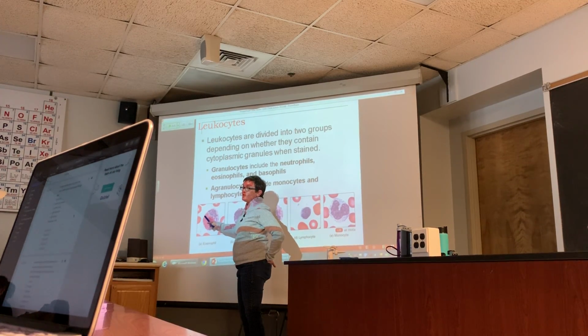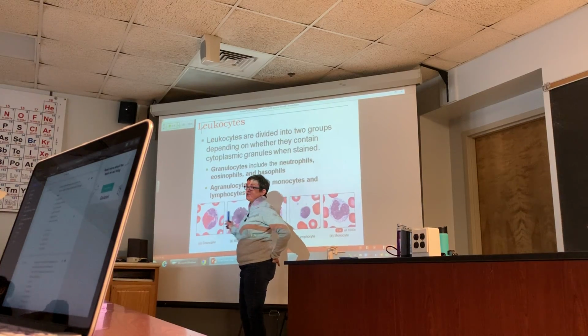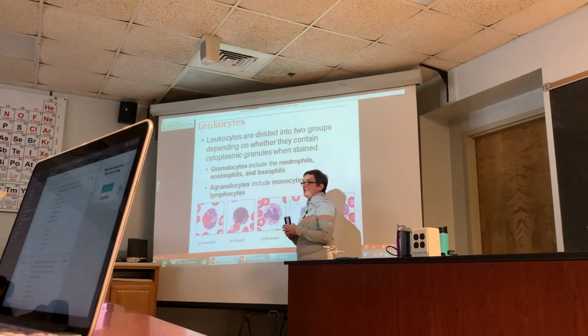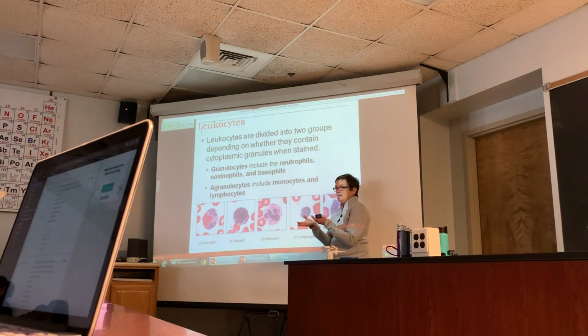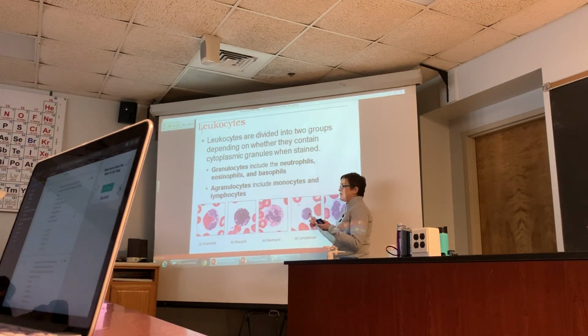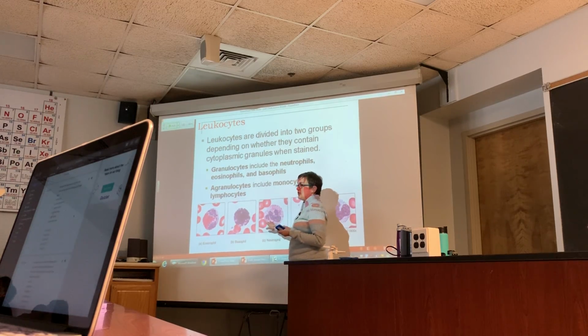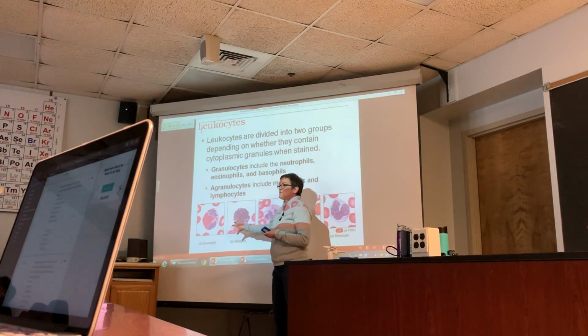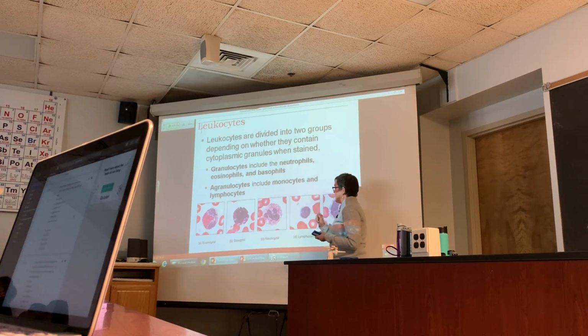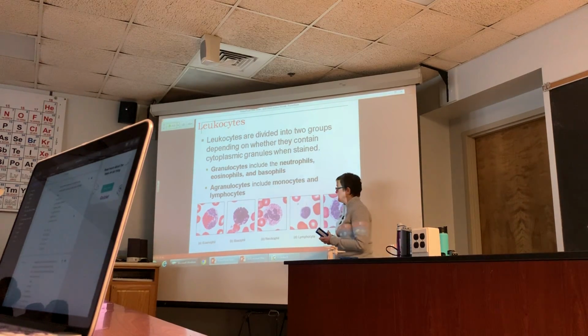In other words, these granules don't show up without a stain. But when you use this differential blood stain that stains the nucleus dark blue, and then it stains the cytoplasm and granules, you get different appearances based on the shape of the nucleus and the presence or absence of granules and the color of granules and things like that.